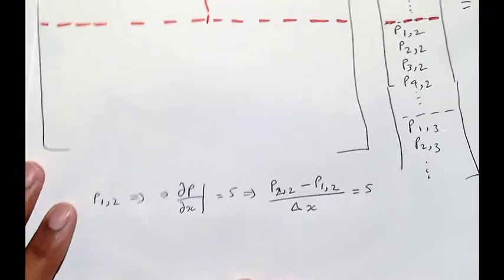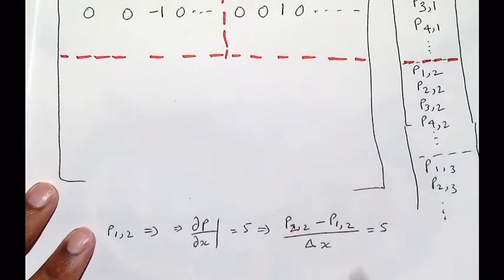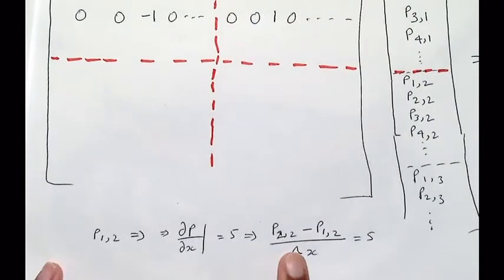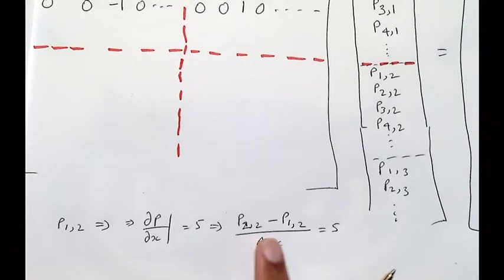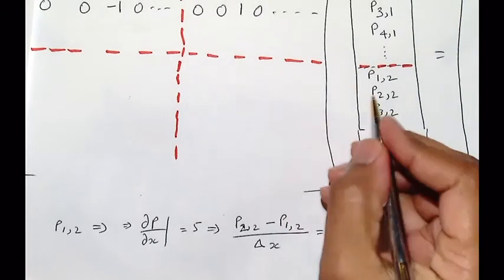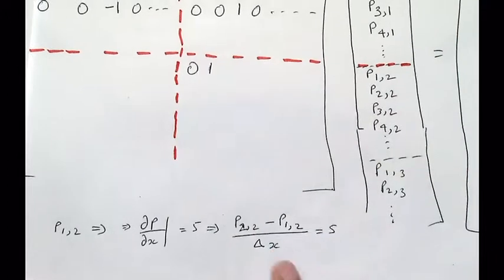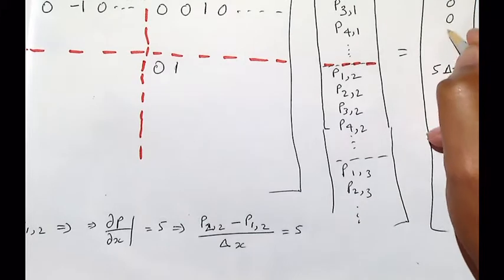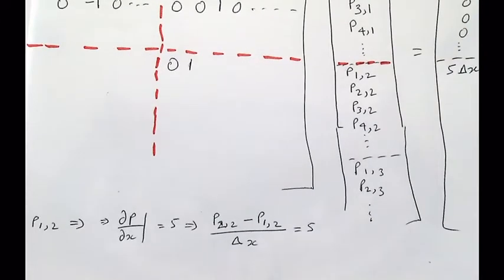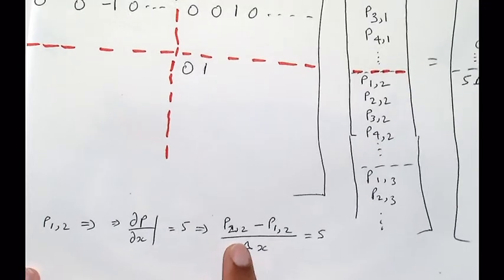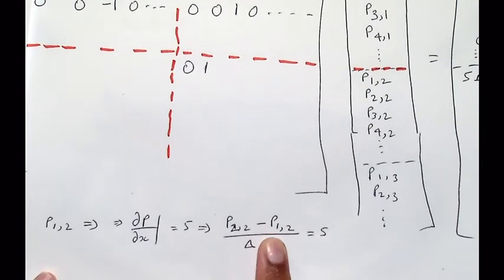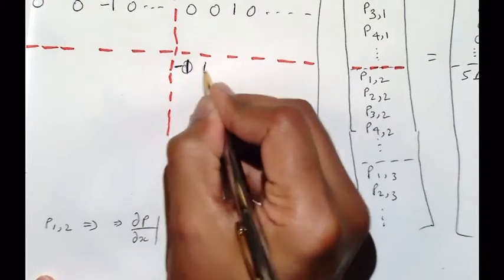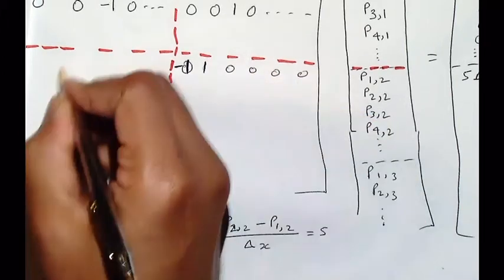So this is still not an inner node. So we still don't have the nice pattern. P2,2 is plus 1, so it's 0, 1. And then on the right hand side we have 5 delta x, 0, 0, 0. And where do we get P1,2? P1,2 is minus 1. Everything else is 0 in this row.